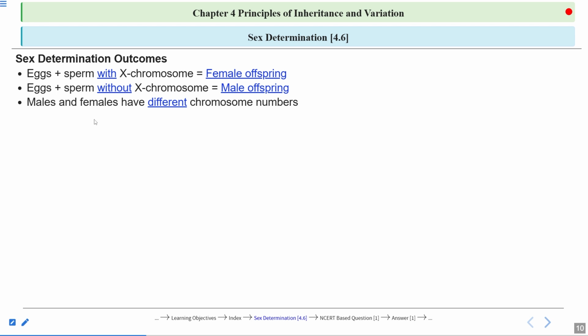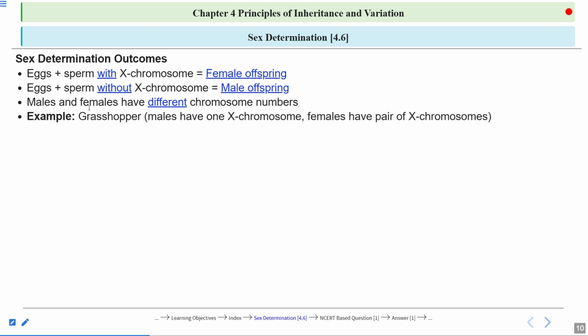Clear? Because males are X0, females are X and X. So males have fewer chromosomes as compared to females. An example is grasshopper, where males have only one X chromosome and females have a pair of X chromosomes. So males are X0 and females are X and X.